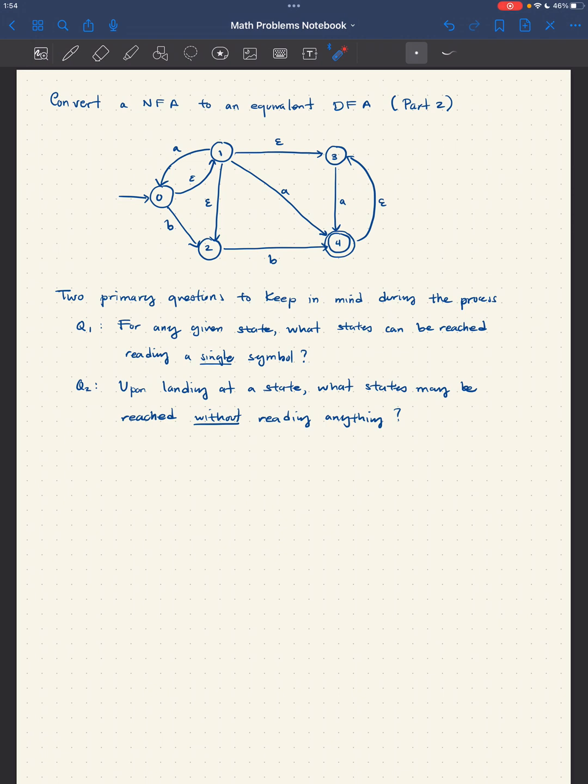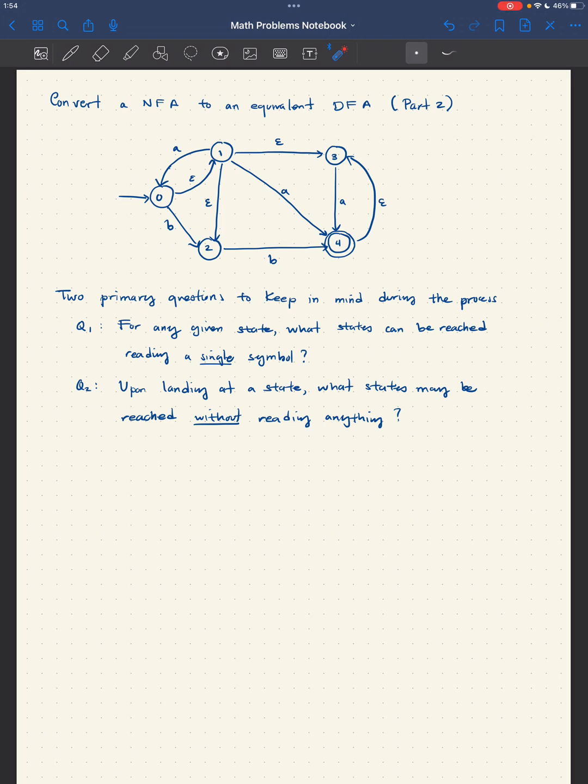We have to keep in mind two primary questions that we'd like to address as we develop the procedure. The first one is, for any given state, what states can be reached by reading a single symbol?